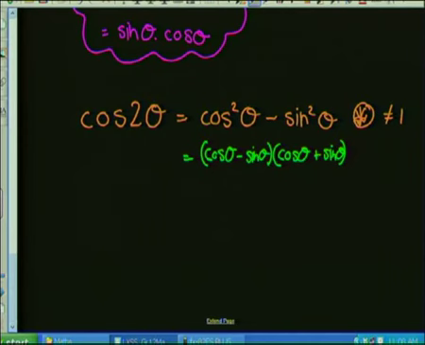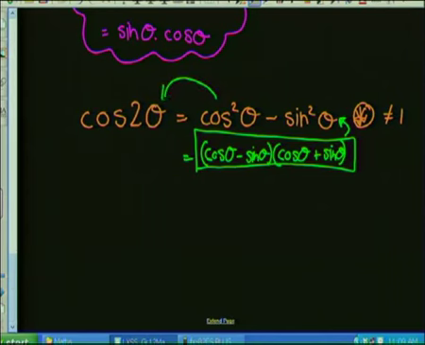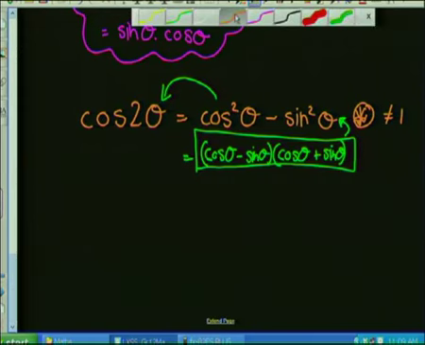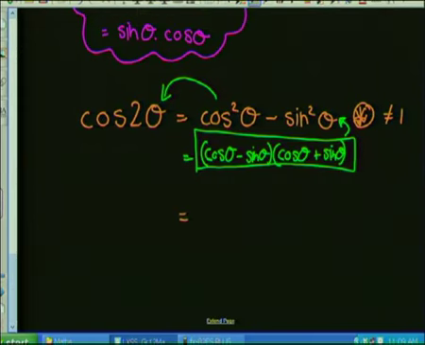So again, what we want you to be able to recognize, if you are given this in an expression or an identity, is that it distributes and opens up to cos squared minus sine squared theta, which is then equal to your cos of your double angle. Okay, the second option is cos 2 alpha is equal to 1 minus 2 sine squared theta.